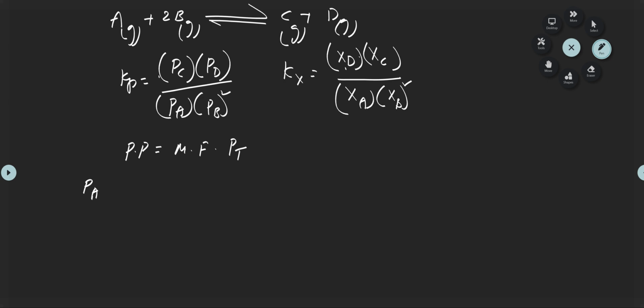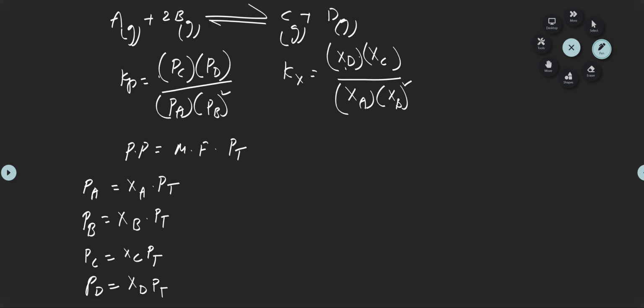PA is equal to XA, the mole fraction of A, into PT, the total pressure. PB, the partial pressure of B, is equal to XB into PT. PC is equal to XC into PT. PD is equal to XD into PT. Substitute the partial pressures in Kp.